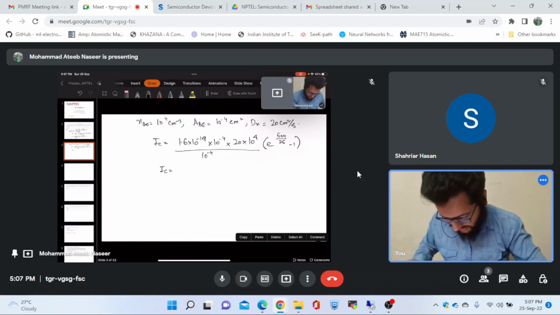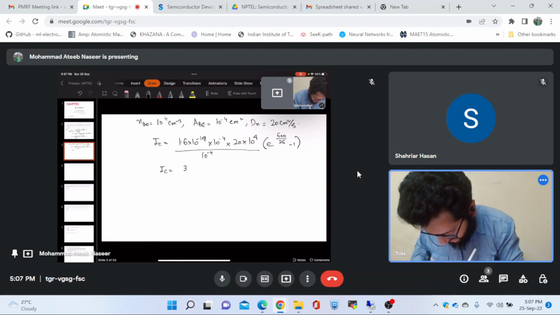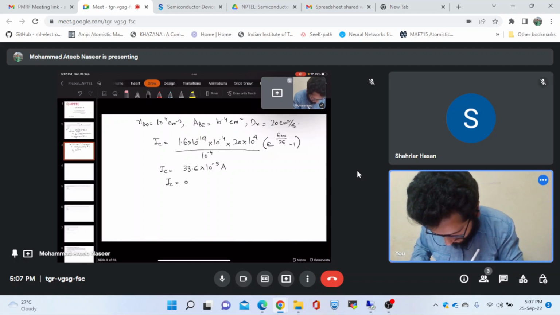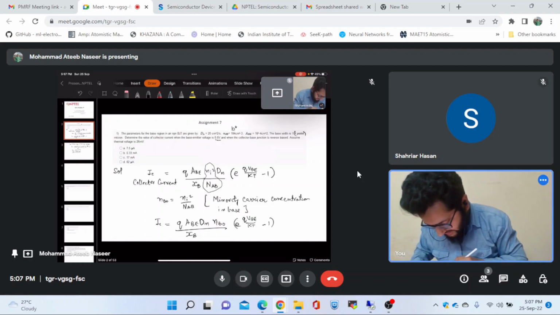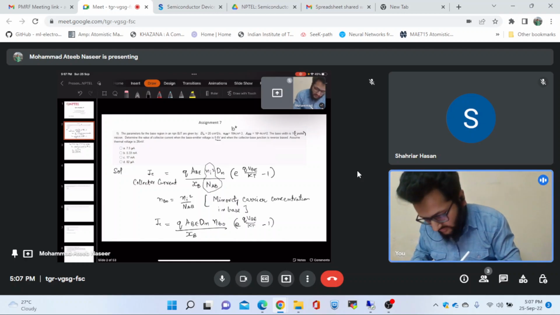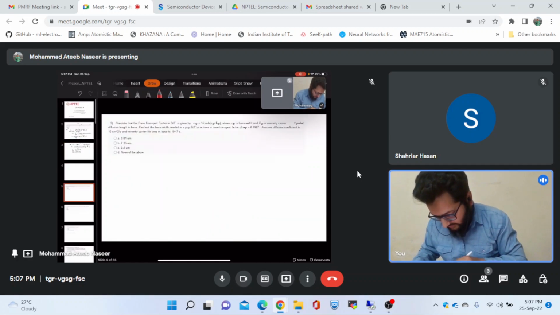It comes out to be equal to, let me write it down over here, 33.6 into 10 raised power minus 5 amperes, or if I convert it into milliamperes, it will be 0.336 milliamperes. So we have got the collector current, and option B seems to be the right option to go with. So option B is the correct option.